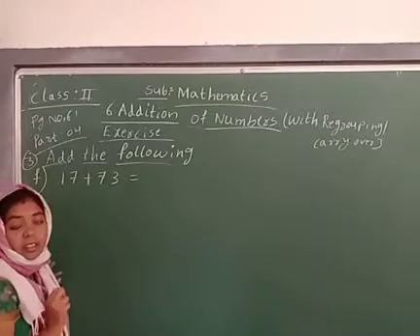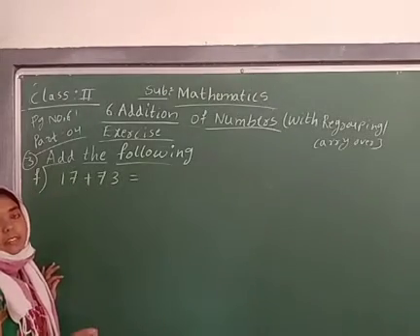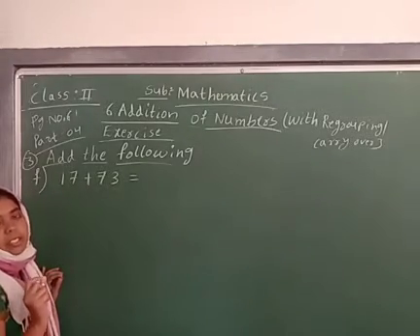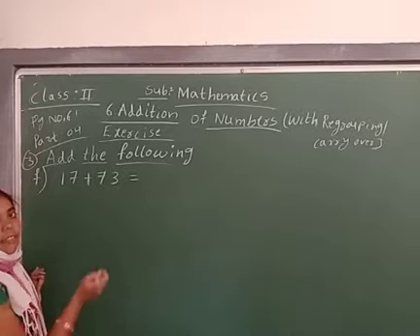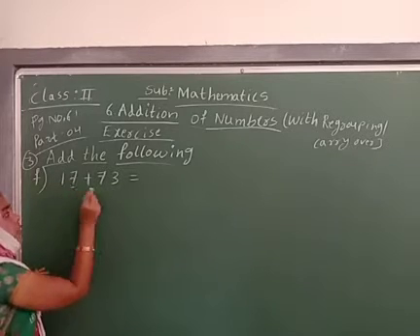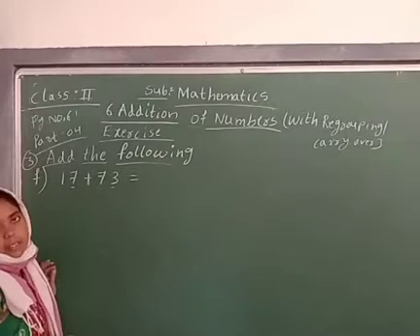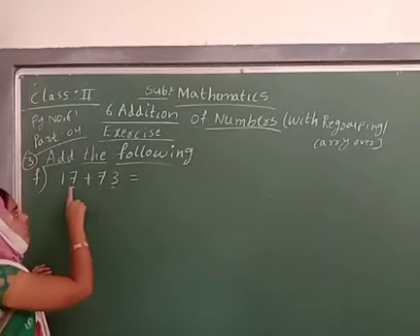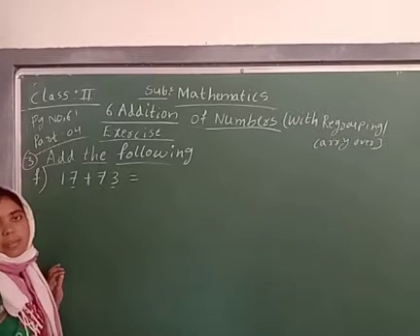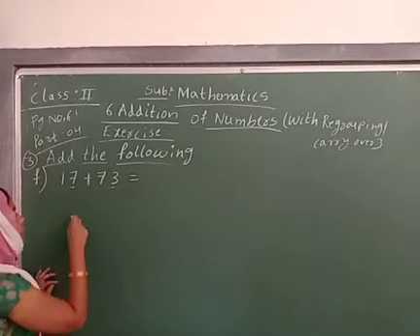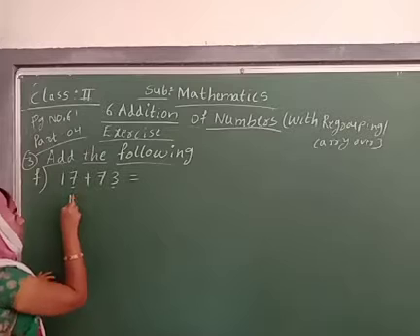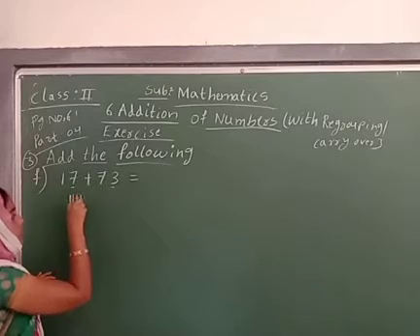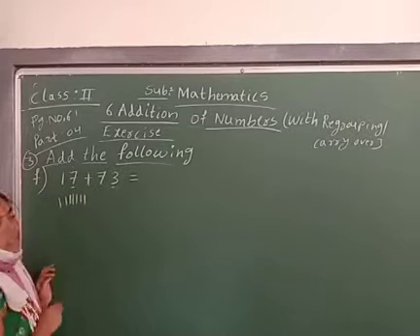Whenever we do addition, which place value do we add first? 1's place numbers. So first we take the 1's place numbers and do the addition. Yes, 7 plus 3. 7 plus 3, how much? We will draw the lines here. 1, 2, 3, 4, 5, 6, 7.